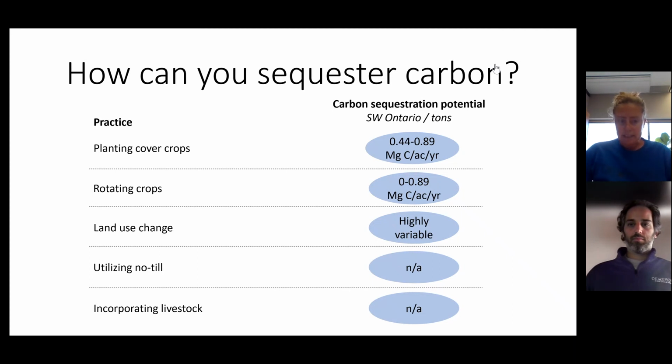The third example is a land use change. So it's really important for us to stress that we are not interested in converting your farmland to some non-farmland. But in a lot of scenarios, it makes sense to plant a buffer strip, perhaps by a drain or in some low-lying area of your field, and/or plant a windrow, right?